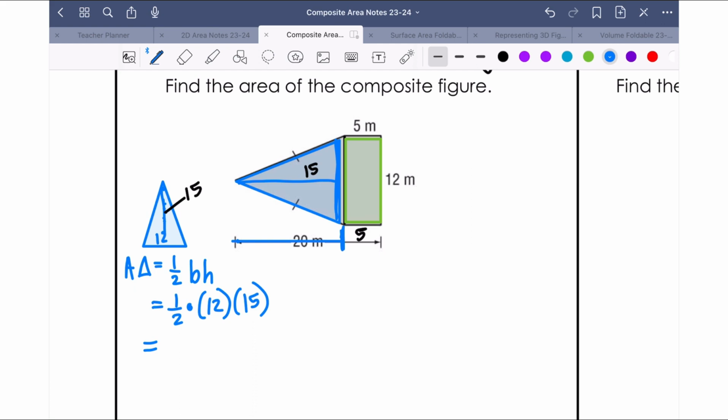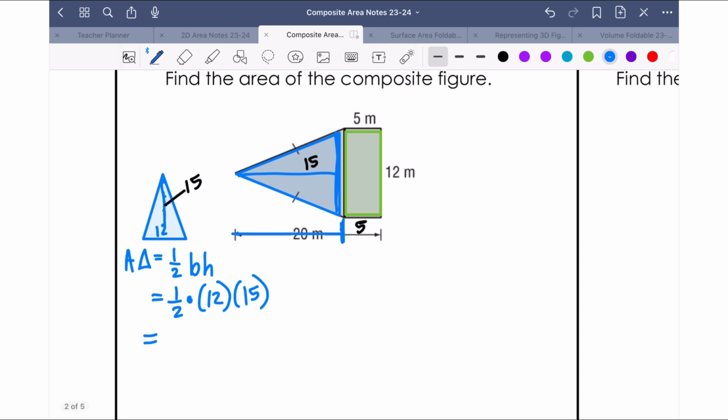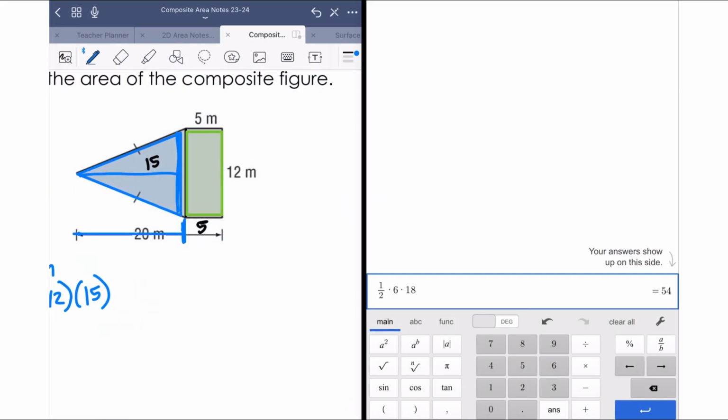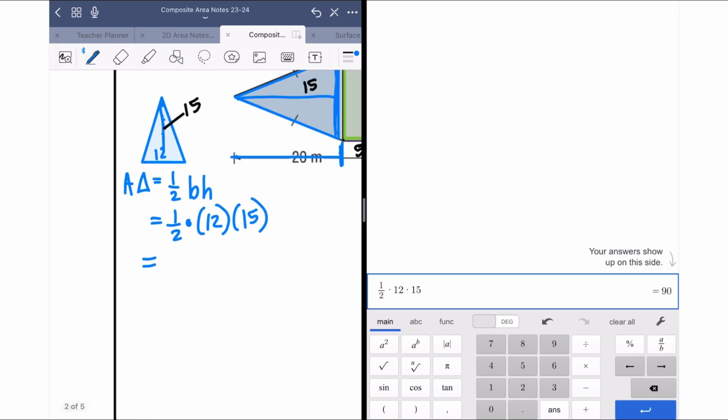Okay, and if we put that in the calculator, 1/2 times 12 times 15, that's 90. So 90 meters squared. So that's the triangle. We're not done.